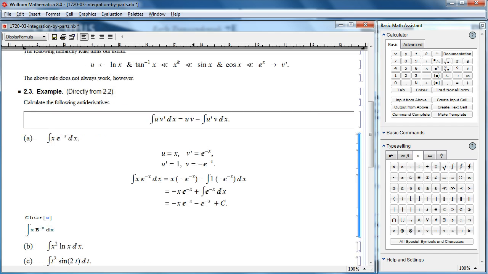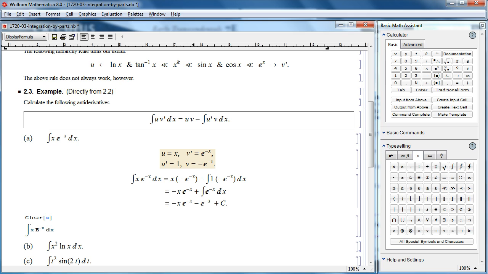And this is how it works. u is equal to x, that's u, and v prime is e to the negative x, coming from that hierarchy rule. And then in order to apply this integration by parts formula, you'll have to find u prime and v. So take the derivative, so you get u prime. Take the antiderivative, you get v. Are we ready?